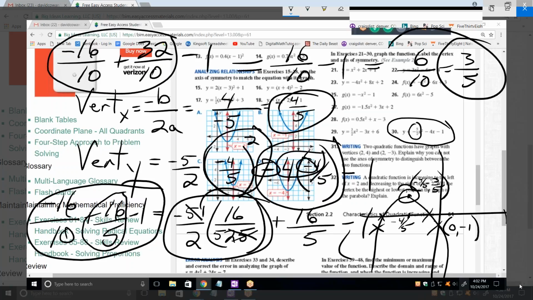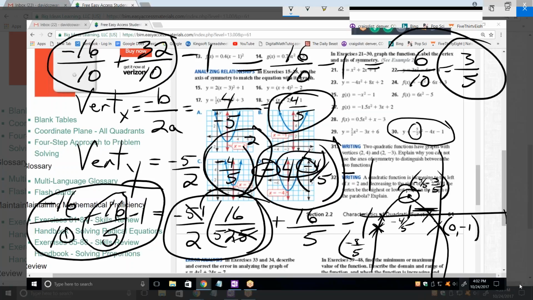Got to go an equivalent distance, that distance to the left. So 2 comma negative 1? Well, how about minus 8/5? See why that's the x-coordinate? Yes, because you need the same distance from the y-axis.